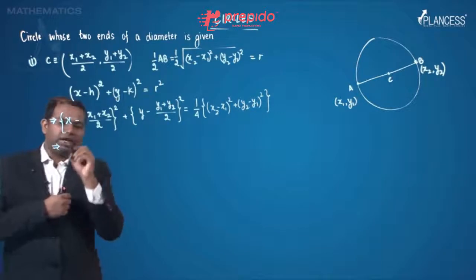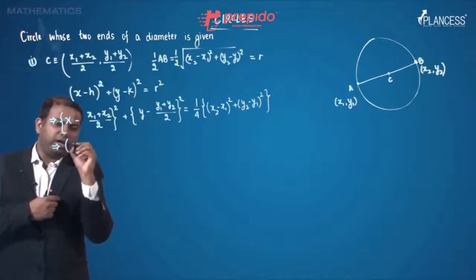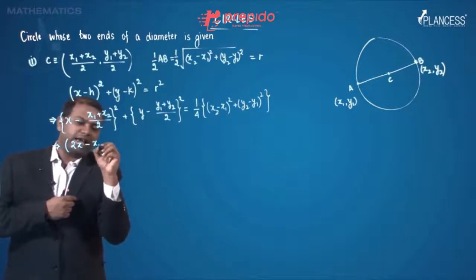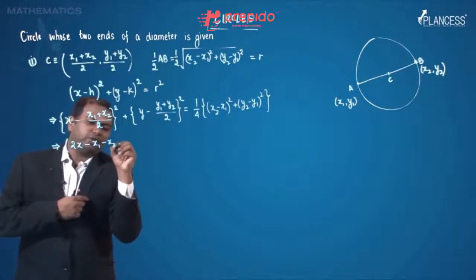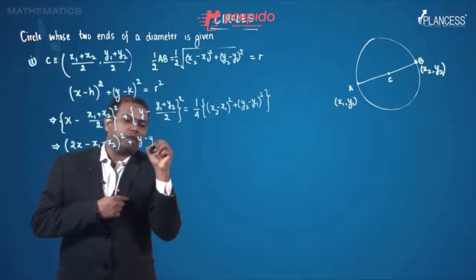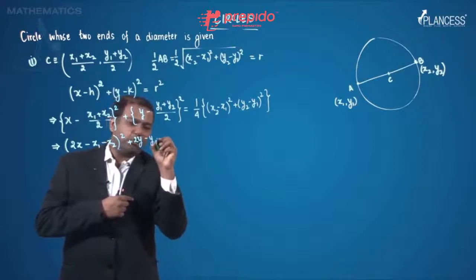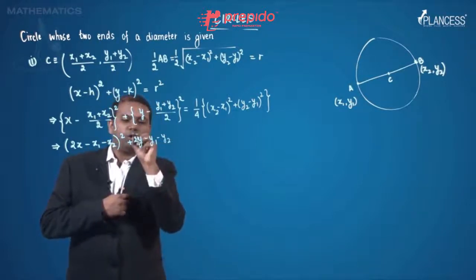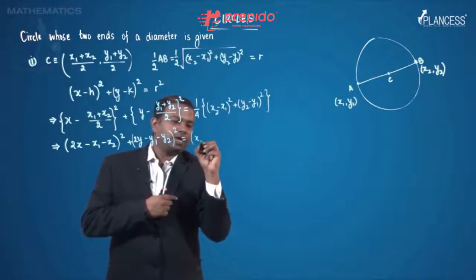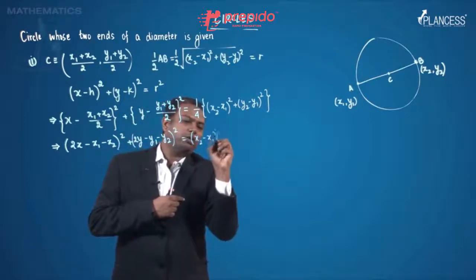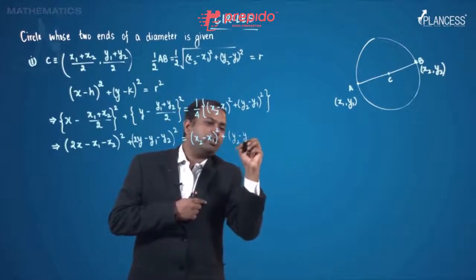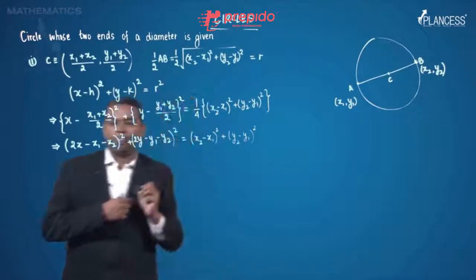So the next step, if I write it this way, we have 2x minus x1 minus x2 whole square plus 2y minus y1 minus y2 whole square is equal to x2 minus x1 whole square plus y2 minus y1 whole square.